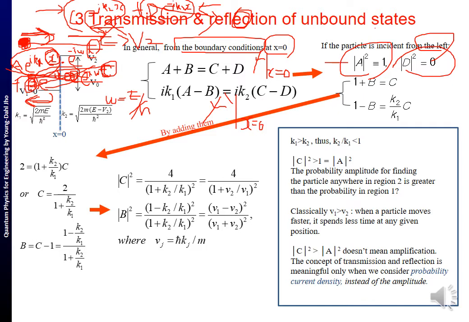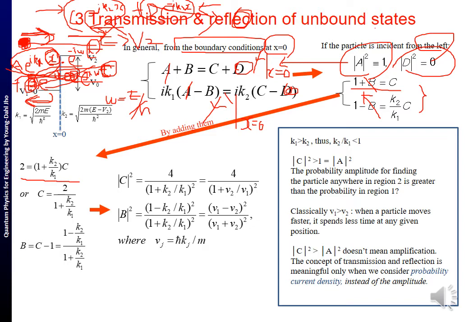Then we put it in here: 1 plus B equals C, since A is 1 and D is 0. We calculate that, then 1 minus B equals k2 over k1 times C. So based on this, we can calculate B and C. If you sum them up, B and B subtract with each other, then we can calculate C, as shown here.